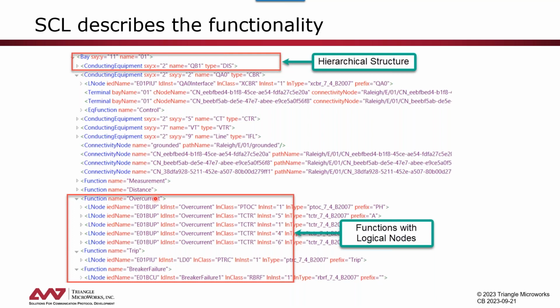This whole structuring of function is completely user-defined. When you do the specification, like Jackson had demonstrated last time, that's when you basically build up this structure. So we have another function here for the trip, and we have a function breaker failure, where we find our logical node breaker failure. So this is all described in SCL.